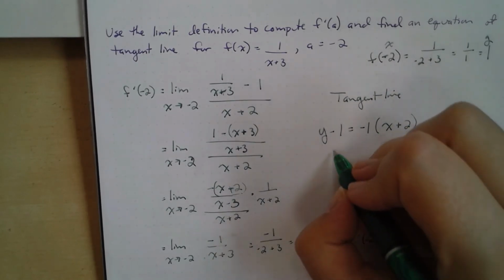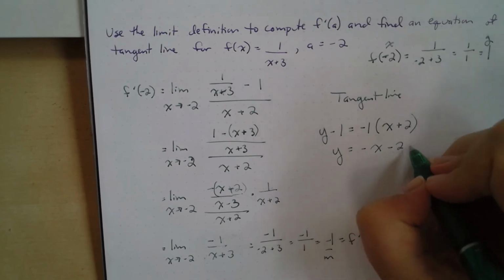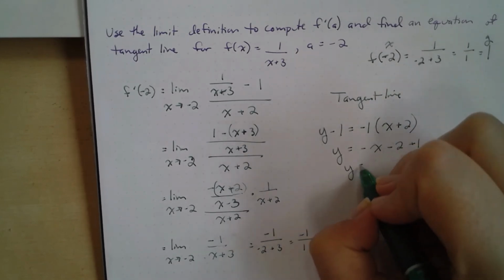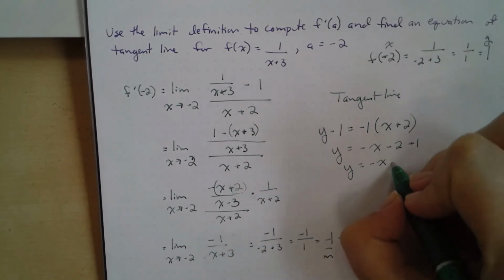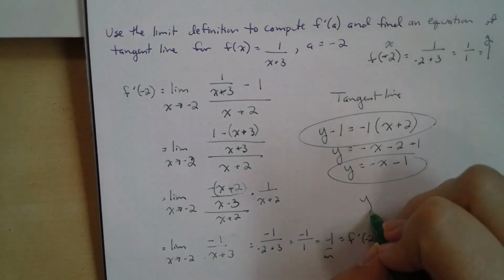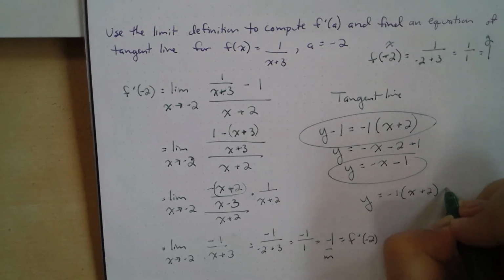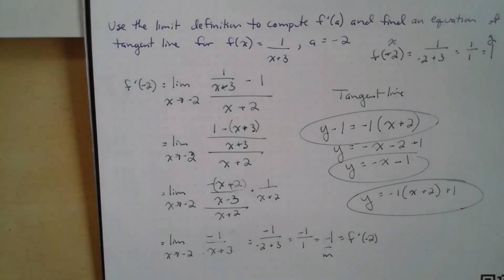So I can rewrite this as y equals negative x minus 2 plus 1. So y equals negative x minus 1. This is correct. You could also write negative 1 times x plus 2 plus 1. This is correct. They're all the same thing, right?